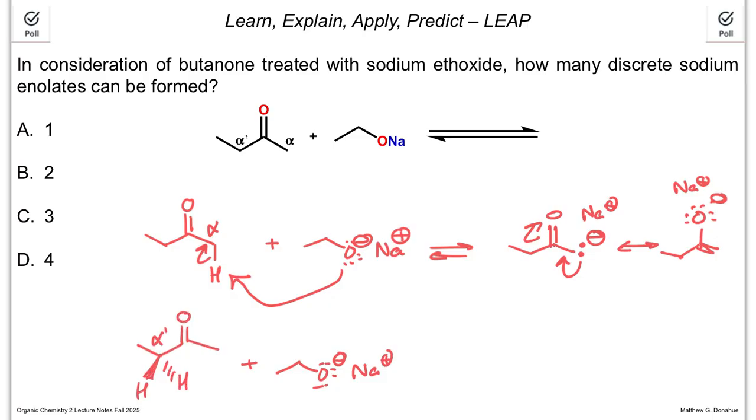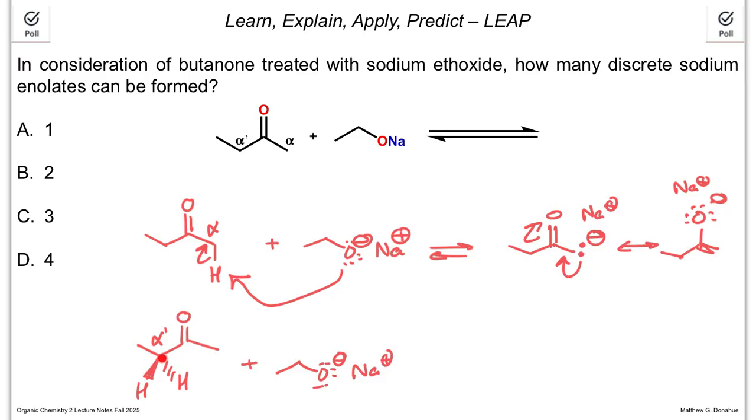So alpha prime, on the other hand, has 2 hydrogens. When we talk about unique sets in terms of proton NMR, we would say those 2 hydrogens are equivalent. However, under these conditions, I've drawn one as the wedge, one as the dash. These hydrogens are actually prochiral.